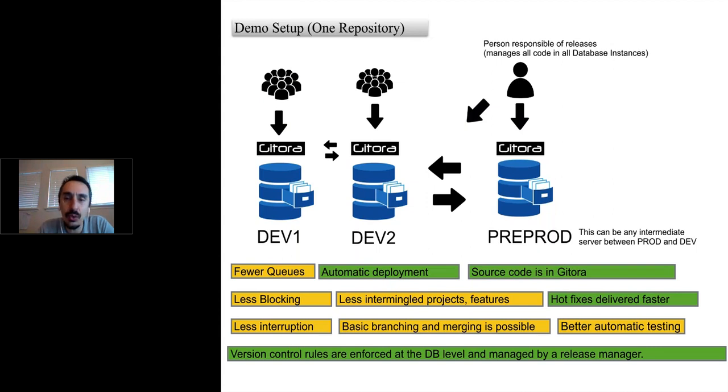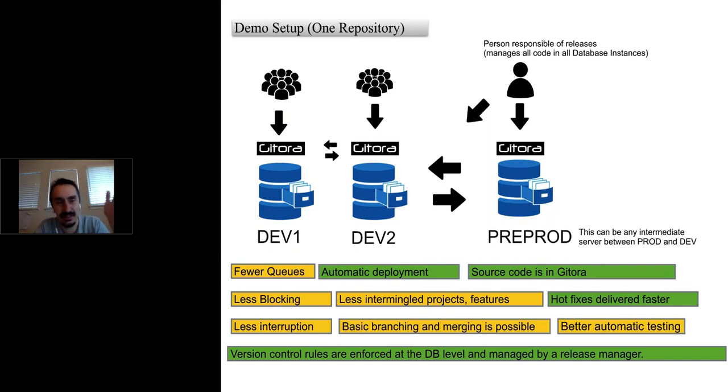This is the setup we're going to show you during the demo. So there's going to be a pre-prod database. We have 3 virtual machines in the same laptop. So these are just literally 3 different installations. You can think of it as a test database, release database, hotfix database, QA database, integration database, whatever you like.